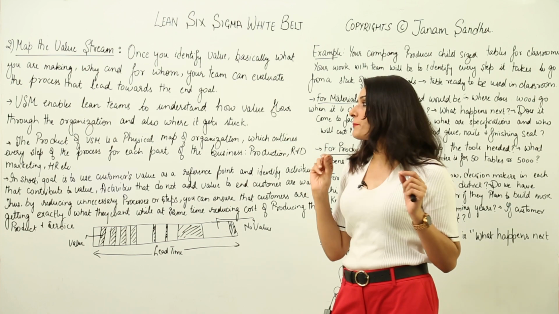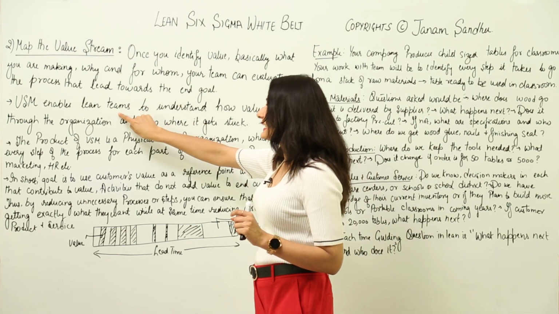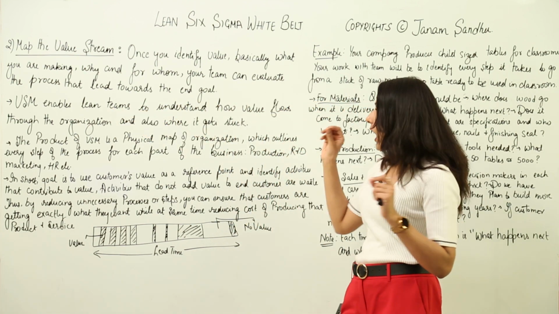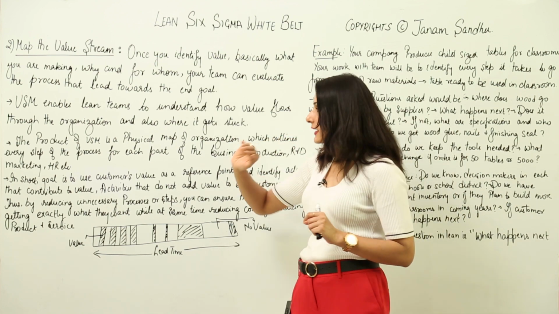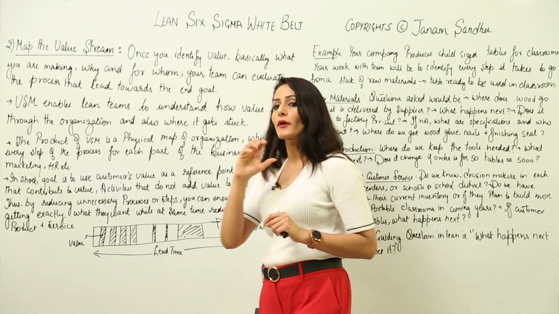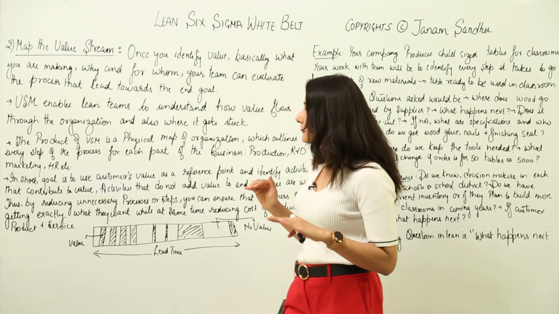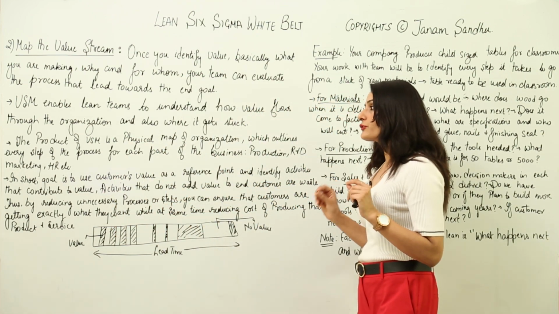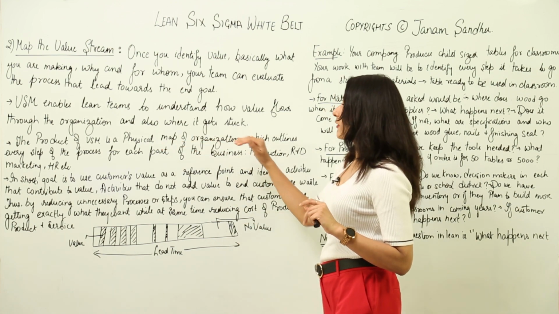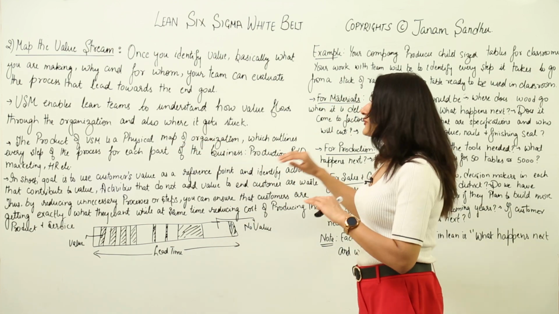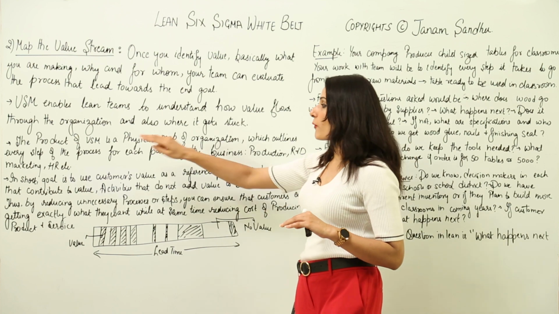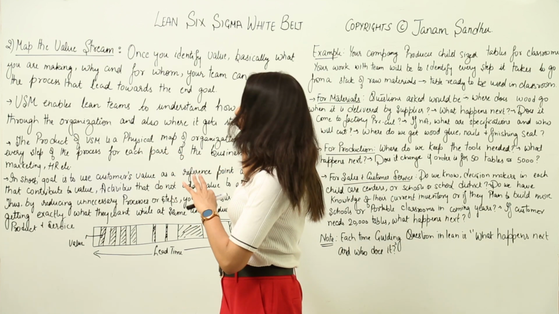Value stream mapping enables lean teams to understand how value flows through the organization and, more importantly, where it gets stuck, so that they can eliminate those steps, right? The product of value stream mapping is a physical map of an organization which outlines every step of the process for each part of the business, right?